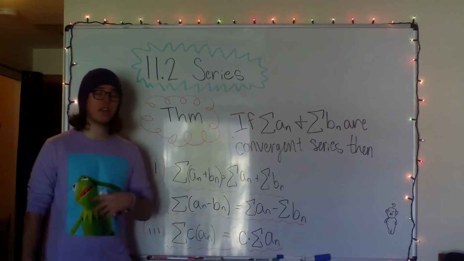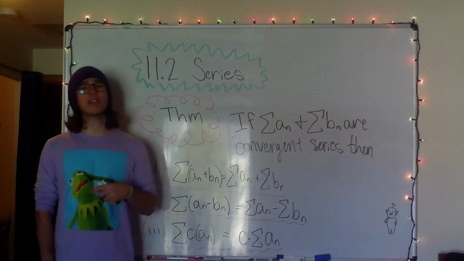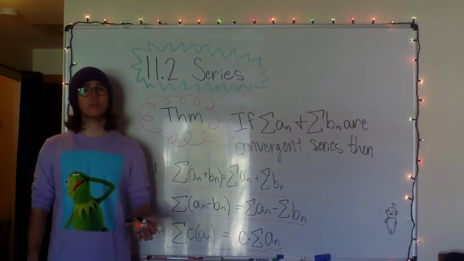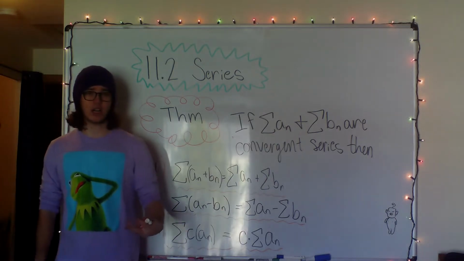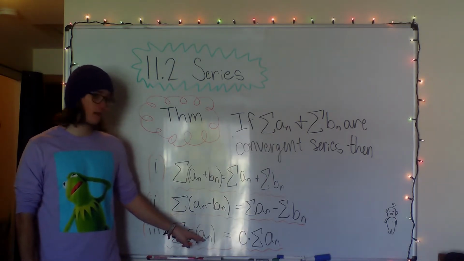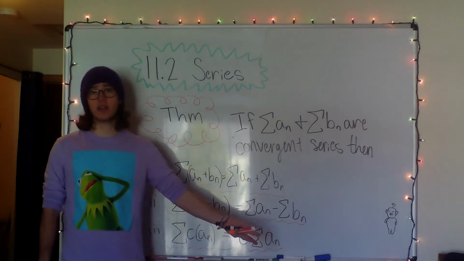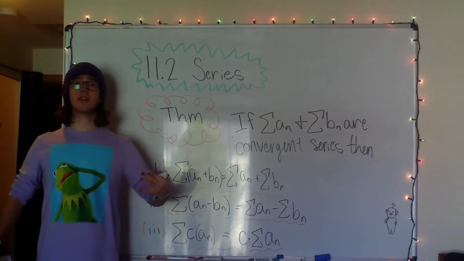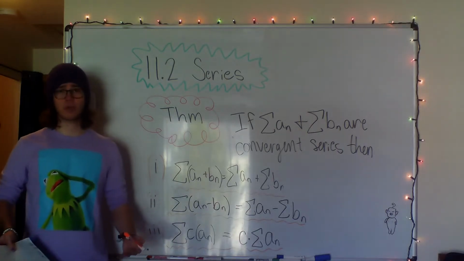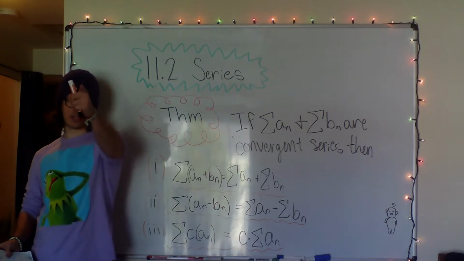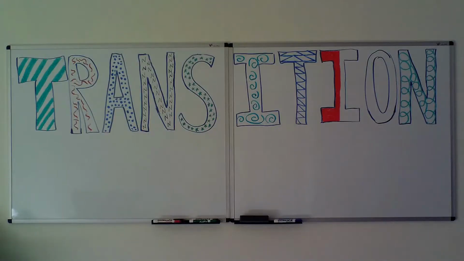And third, if c is a constant real number, with c in R, then the sum of c times an is just equal to c times the sum of an. And so that's everything I wanted to cover for the lecture portion of the video. Let's transition to some practice problems.